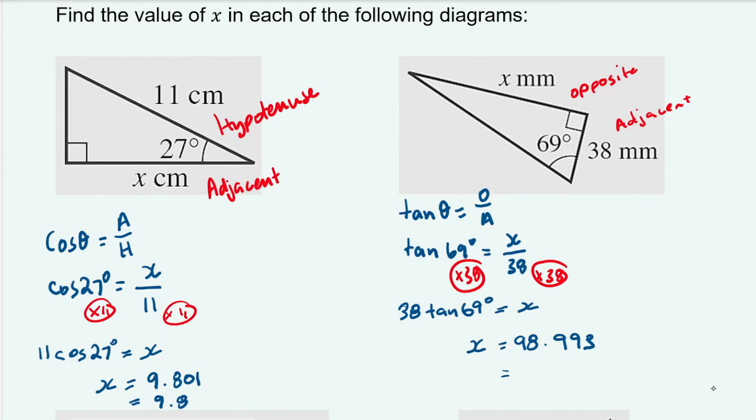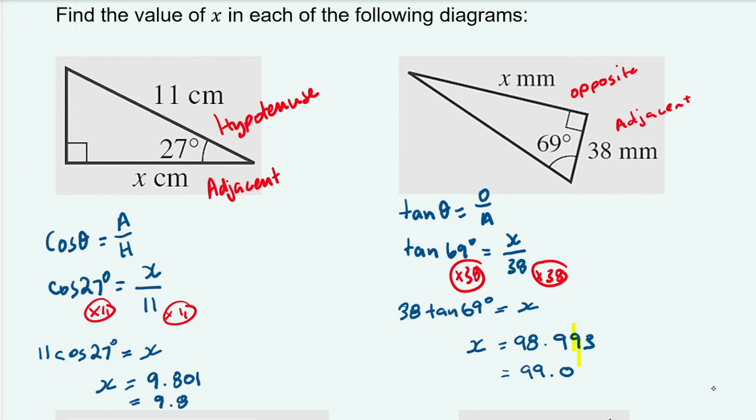So this 9 means that the 9 in front has to go up 1. That 9 in front going up 1 means that the 8 in front of it has to go up 1. So it's actually going to be 99.0. And that's x for that one.